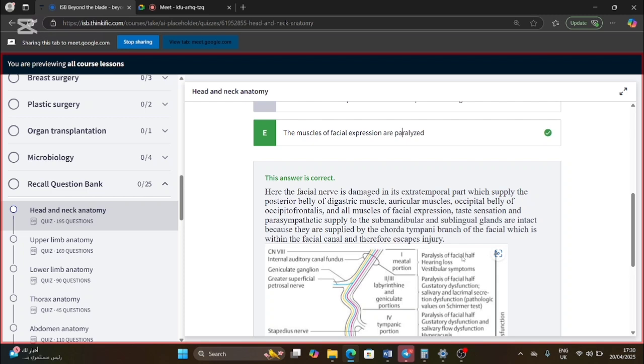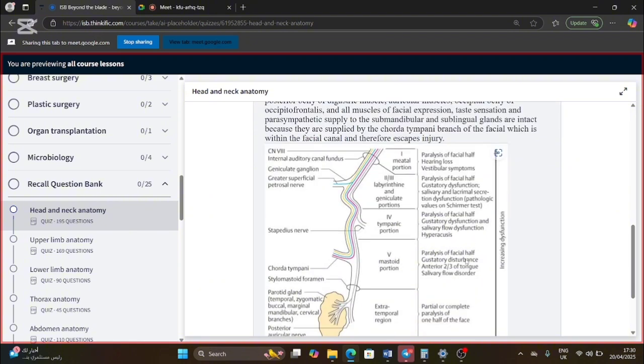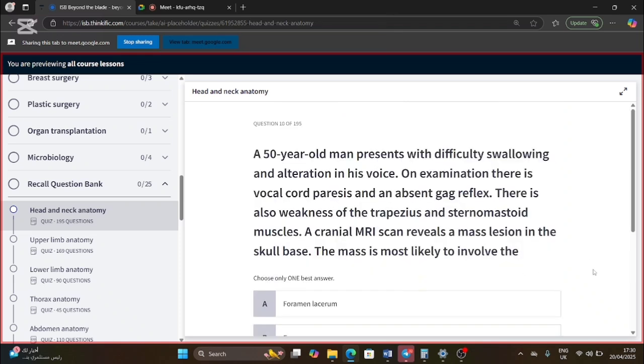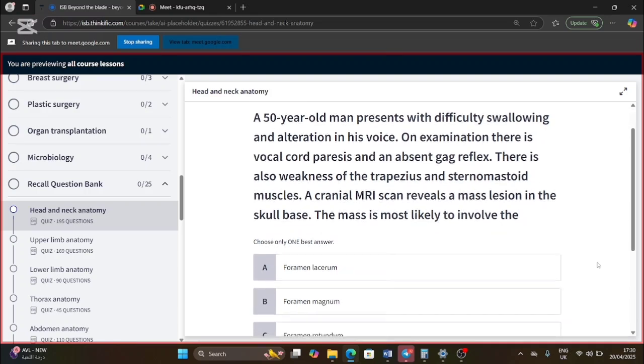All of that will be intact, but anything outside will be lost, including all of the muscles of facial expression. Right? Okay. Would the nerve to stapedius also be affected? No, it will be spared because the nerve to stapedius originates within the facial canal, so there's no hyperacusis, right? Okay.